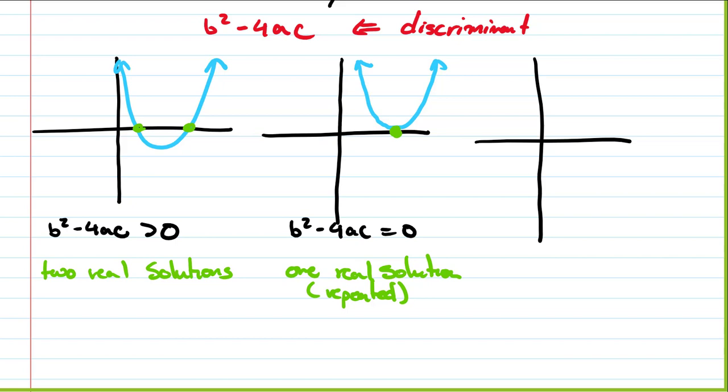The last case, and this is where the misnomer for imaginary numbers came from, is it's entirely possible to have a quadratic or a parabola that comes down, it has its vertex and turns around and goes back up, and it never touches the x-axis. Well, mathematicians in the 16 and 1700s knew that solutions were the same as the x-intercepts of a graph.